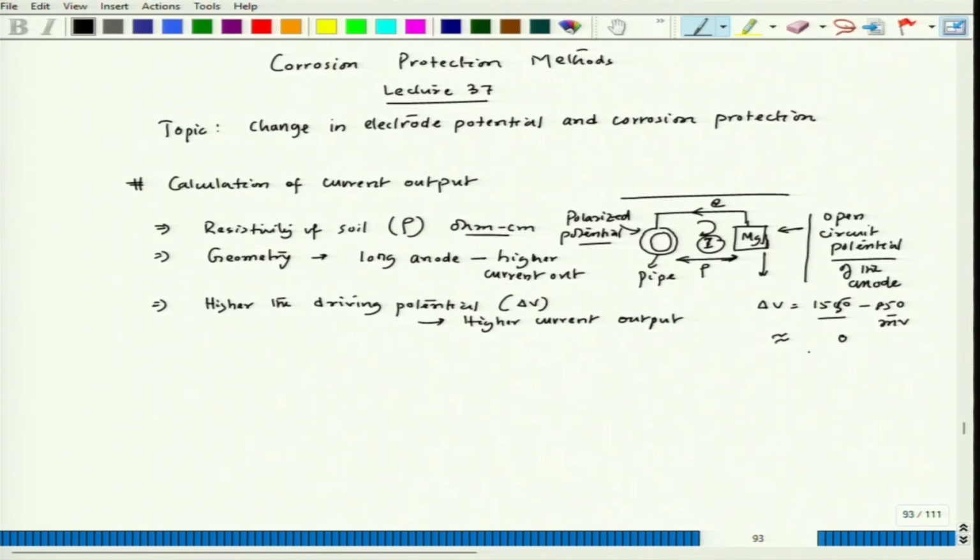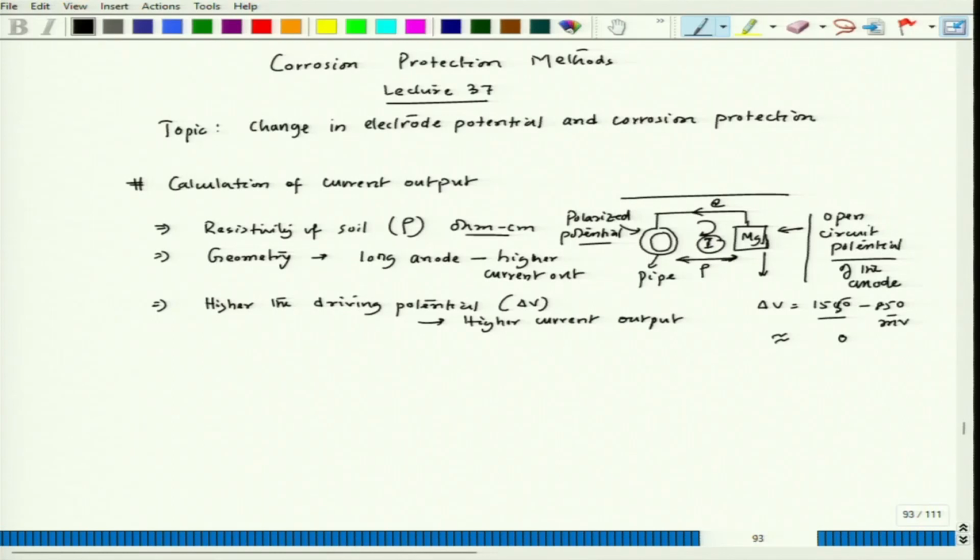In cathodic protection, generally the copper sulphate reference electrode is used for measurement of potential, because it is a very rugged electrode. It can be carried by hand, and it does not break easily.